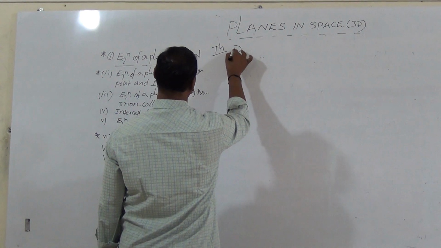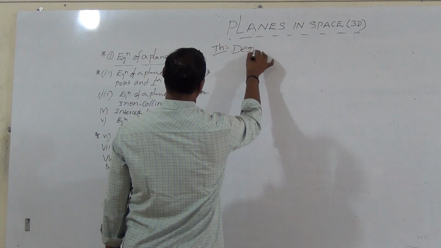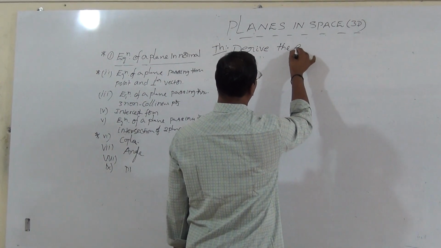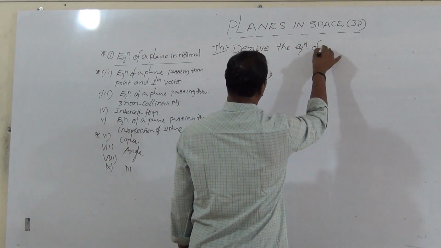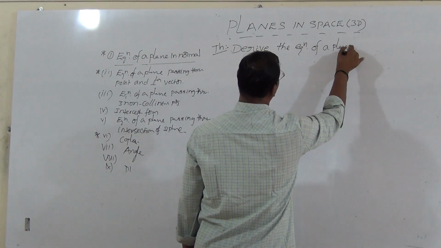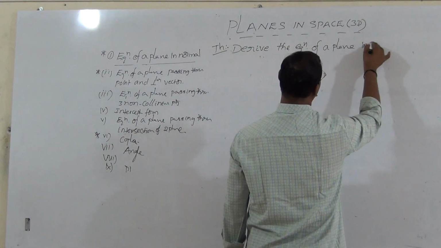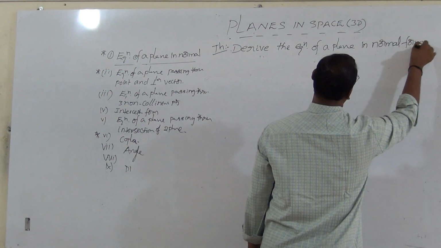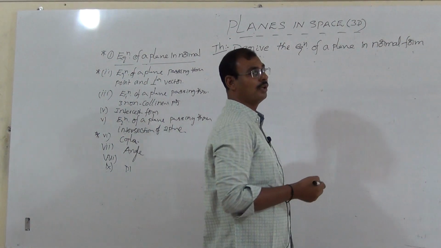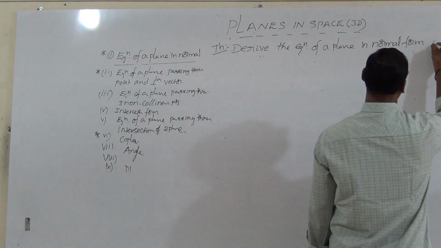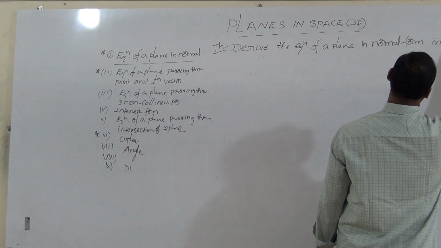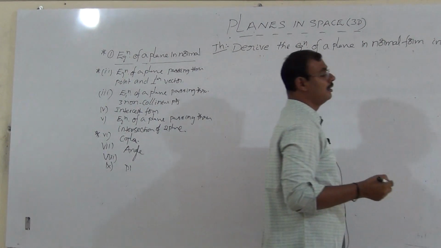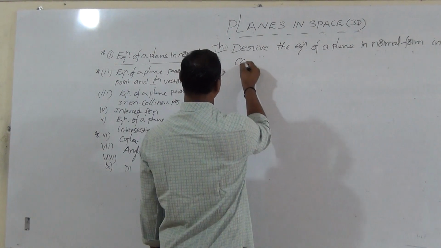So how will the theorem be asked here? Derive the equation of a plane in normal form, in both vector and Cartesian form.